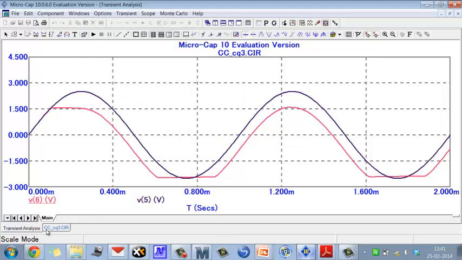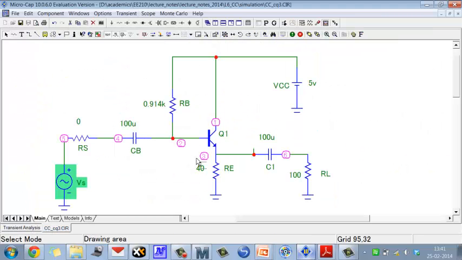If we look at this particular circuit, as my sinusoid is getting distorted, as a result of distortion we are getting an additional DC at this particular point, which is coming about from the sinusoid.